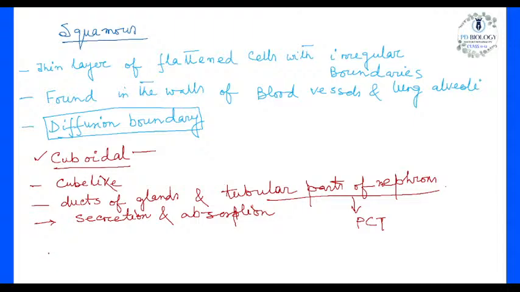Next, after cuboidal, the columnar. The columnar epithelium, these are composed of tall and slender cells.